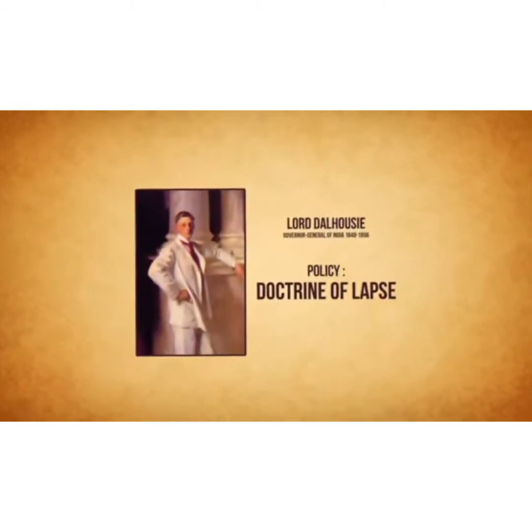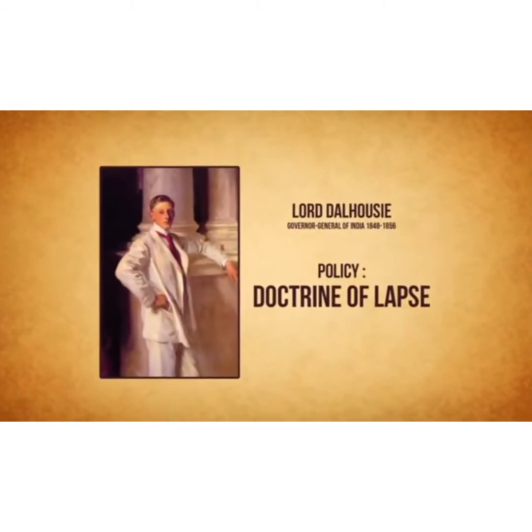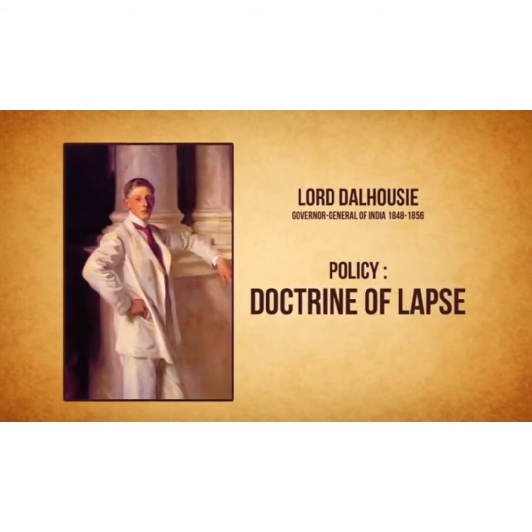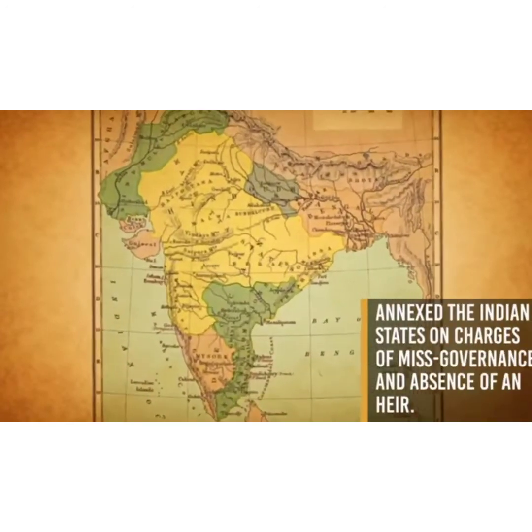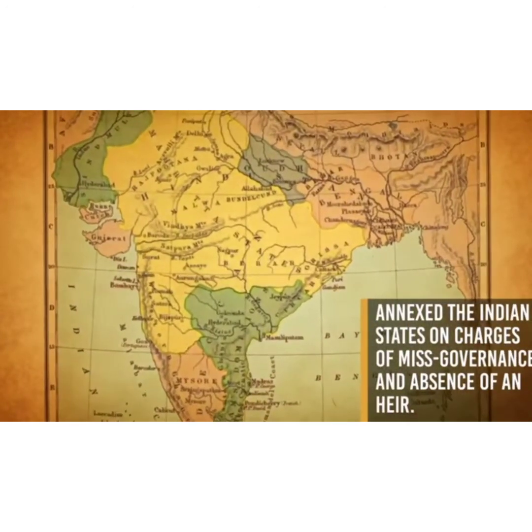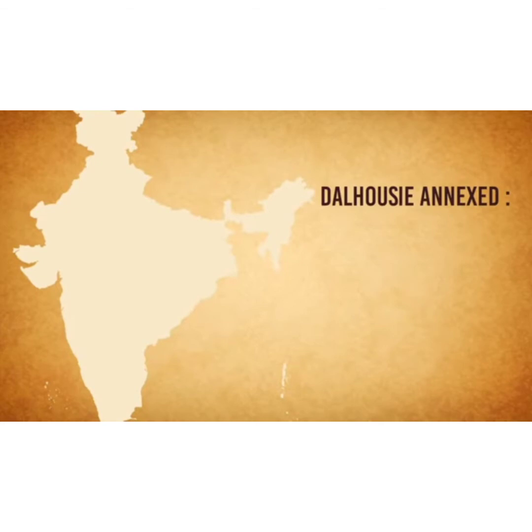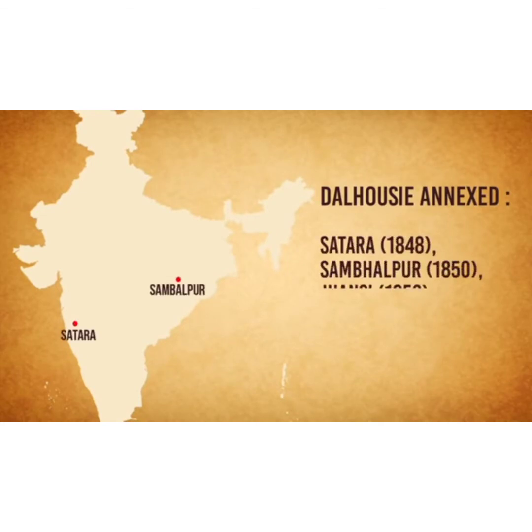Most of the recruits of the Bengal army came from Awadh. When Awadh was annexed by the British, it caused deep anguish among the soldiers. Nana Sahib, the adopted son of the Maratha Peshwa Baji Rao II, was denied his pension and forced to move to Kanpur from Pune, his family seat.